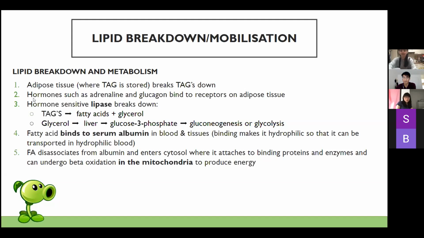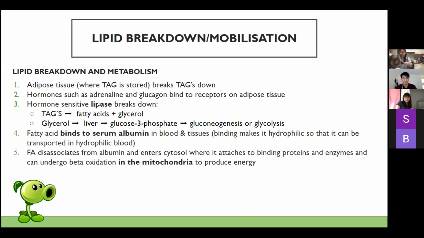Anyway, first of all, what triggers the breakdown of the fats in our body is when you haven't eaten something in a while. You get higher amounts of adrenaline and glucagon in your body. Those are basically hormones, and what that does is it activates lipase.